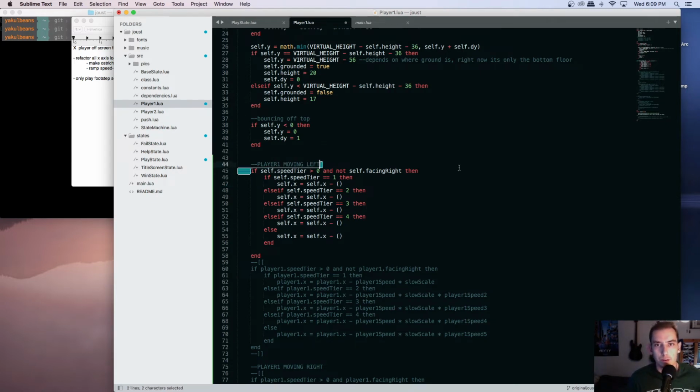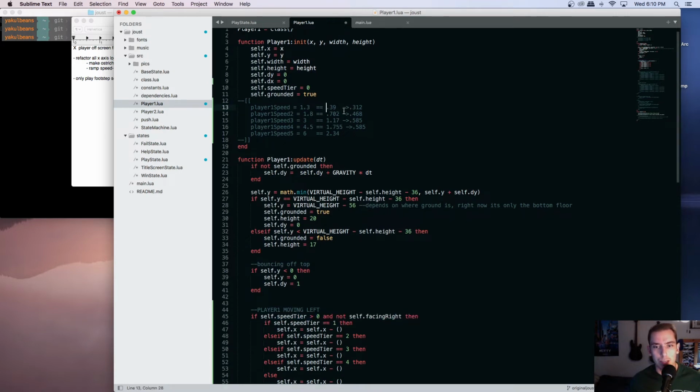So what this line of code says, it checks if it's facing left, and if it is, and the speed tier is greater than 0, meaning left was pressed while it was facing left, then it'll check the speed tier. If it's speed tier 1, it gets shifted by the speed tier 1 value.